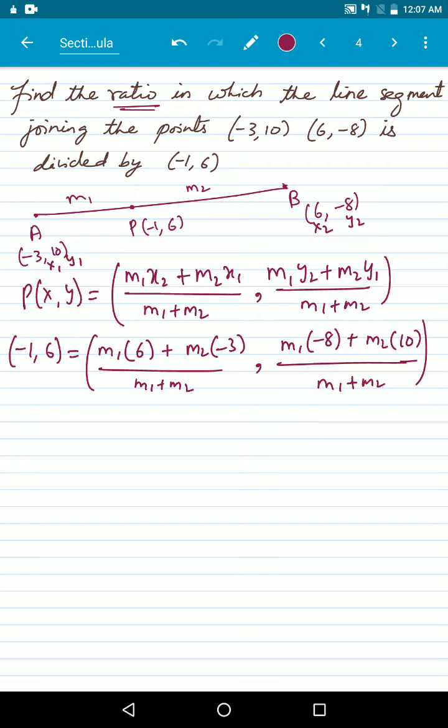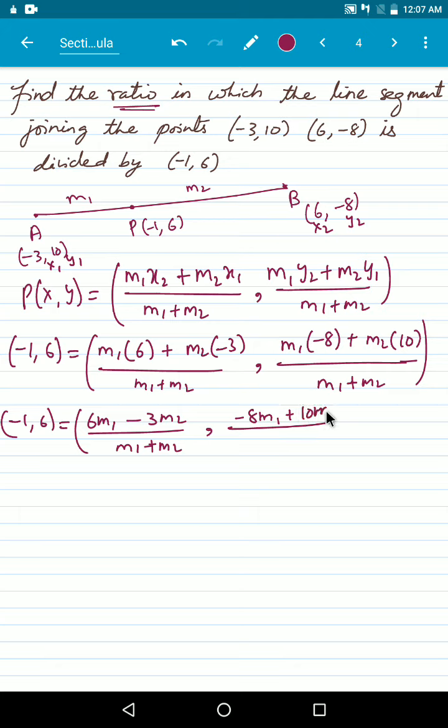Now see here, minus 1 comma 6 is equal to 6m1 minus 3m2 divided by m1 plus m2, comma minus 8m1 plus 10m2 over m1 plus m2 in the denominator, right?